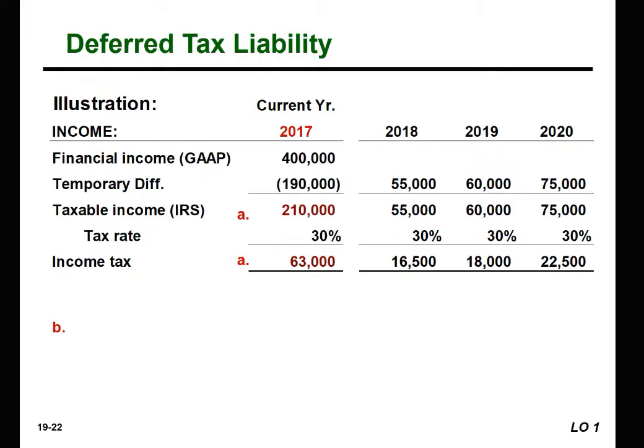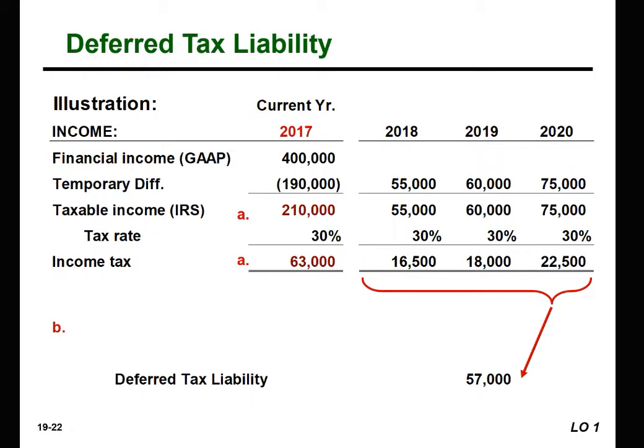We would have that 30% attributable to each of those different years' taxable amounts, giving us additional taxable amounts of $57,000. We have a deferred tax liability of $57,000.